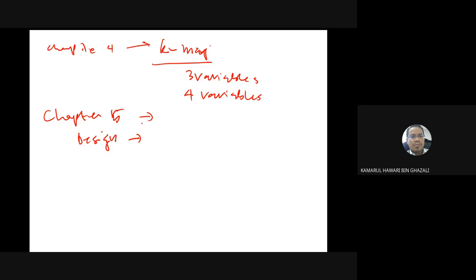For the question from chapter 3, if you want to use K-maps you can, but if you don't want to, you just use the theorem, direct simplification theorem, then concept. But for the design question in chapter 5, you must use K-map.